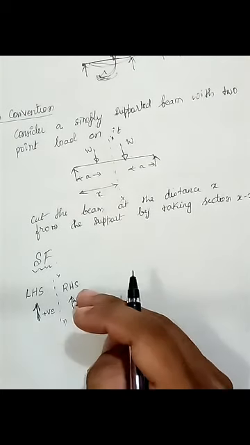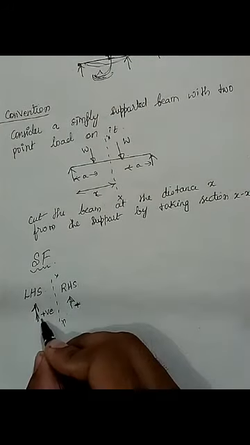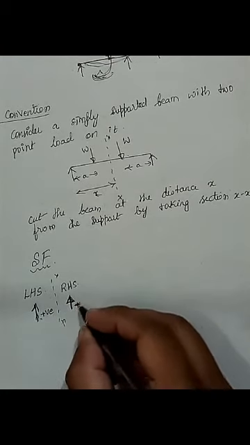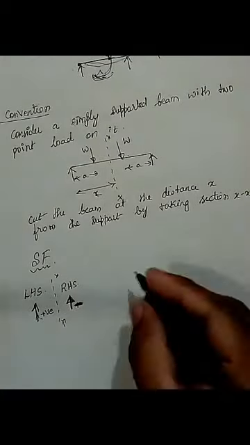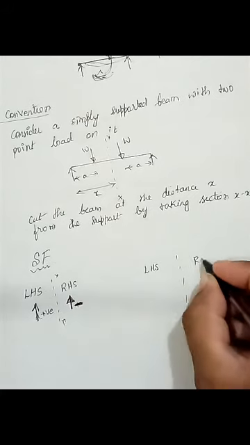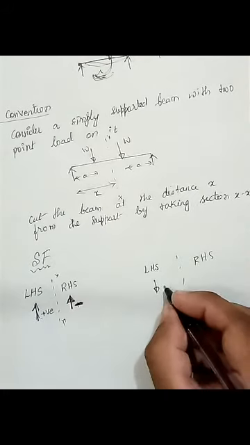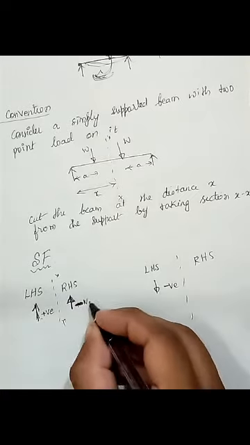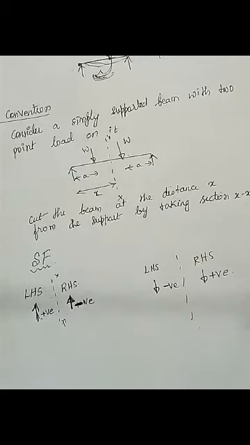Similarly, for the left hand side, downward coming is negative, and for the right hand side, downward coming is positive.